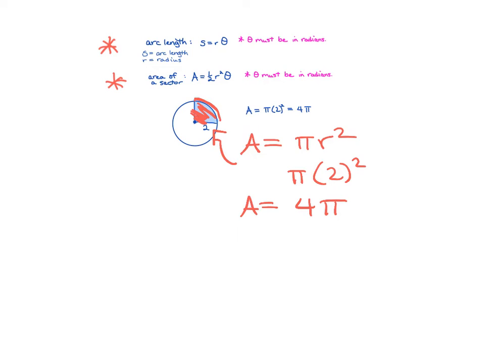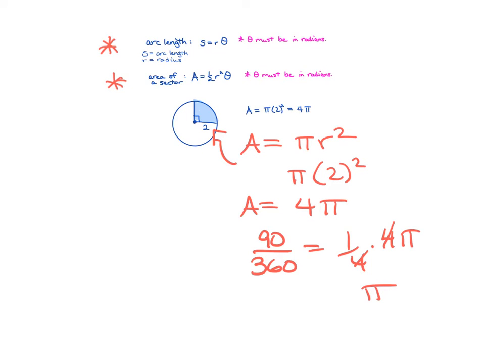In this case, this is a 90-degree angle. Notice it had a right angle mark. So if I wanted to find out what portion of that sector, or what the area of that sector is, I would do 90 over 360, simplify it, and then multiply it by the whole area. And then I would find out that it's just pi.